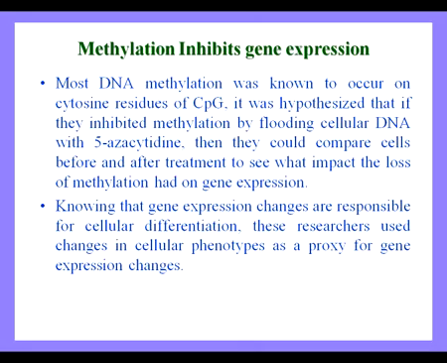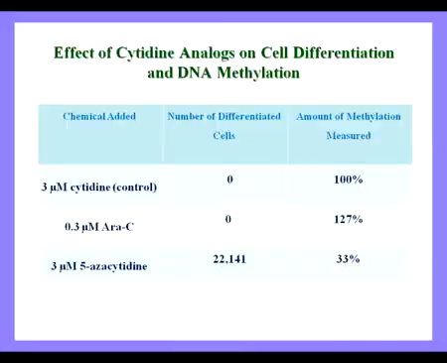As I told you, knowing that gene expression changes are responsible for cellular differentiation, these researchers used changes in cellular phenotypes. When they cultured cell lines, any change in the phenotype of the cell was taken as a proxy for gene expression in the cells. It's a small data set that they obtained.